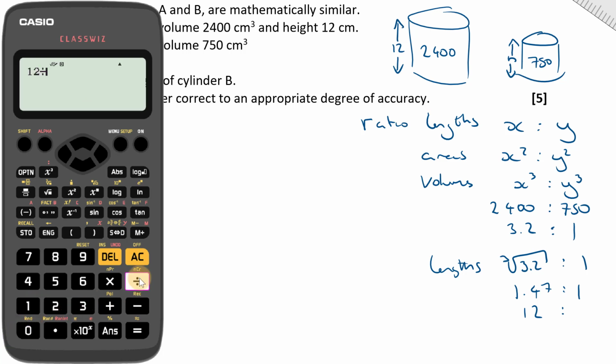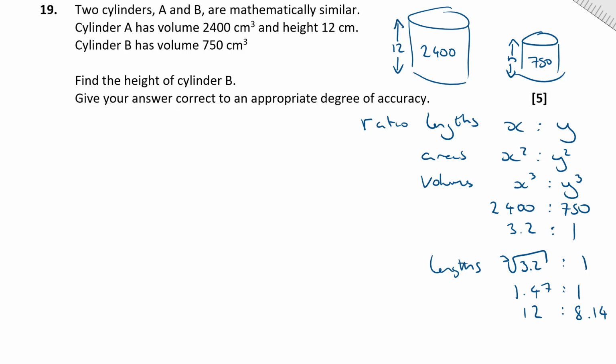Okay, our second cylinder. 12 divided by my previous answer comes out to be 8.14. So what would be an appropriate degree of accuracy?